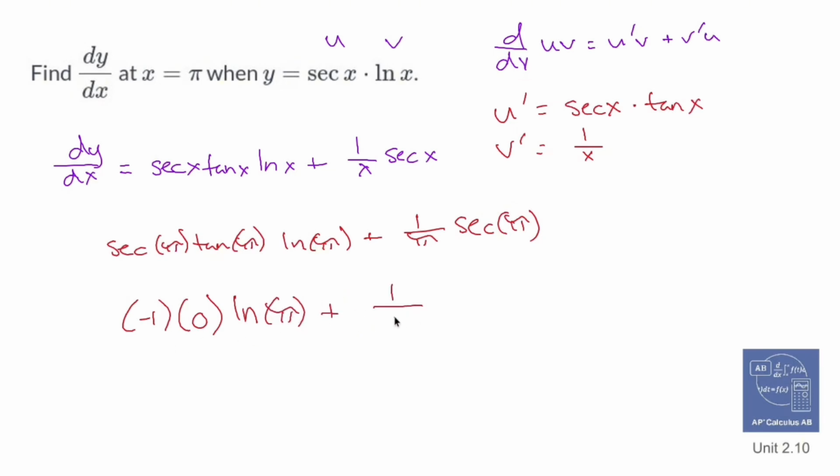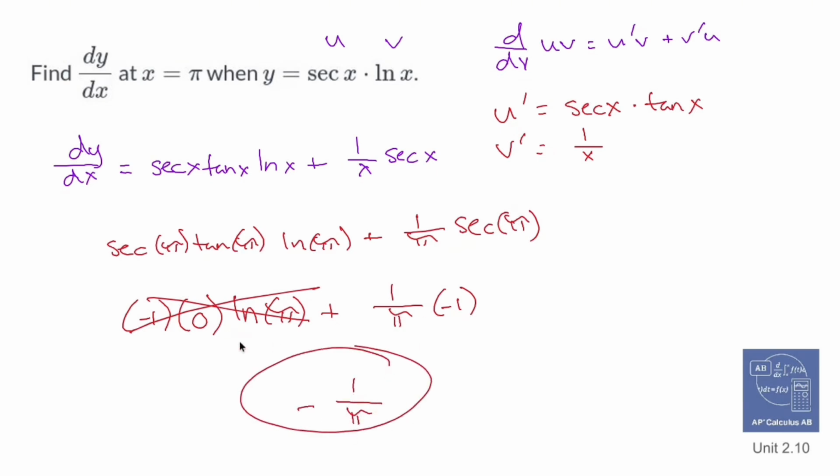Plus 1 over pi, and secant pi again is -1. So 1 over pi times -1 is -1 over pi. So that's going to be my answer. We used product rule to figure this out. We plugged in pi a bunch of times, we really only needed it once. And yeah, that's our answer.